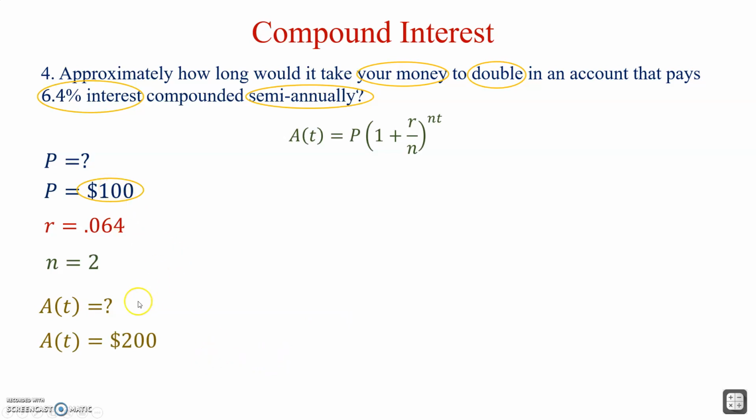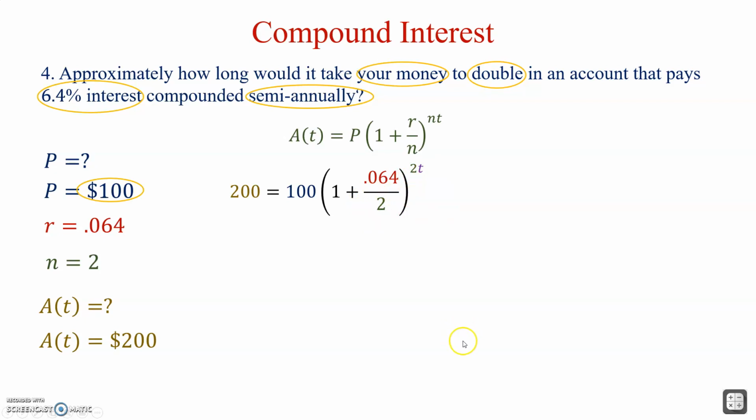Again, these are just random amounts we chose. If we chose 50, this would be 100. If we chose 1,000, this would be 2,000. And you'll see something really interesting occur. So let's just substitute these values in. There's my A of t, 200. The original principal was 100. There's our rate, the number of times, semi-annual, twice, 2 times t.